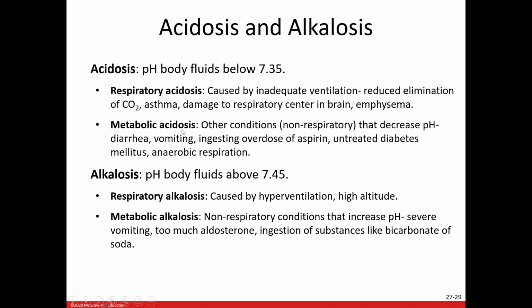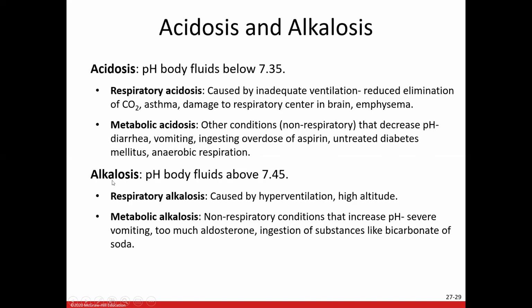And there can be a mix of symptomatic versus conditional versus actual medical conditions that cause metabolic acidosis. So things like diarrhea and vomiting can be a reaction to metabolic acidosis. Ingesting too much of certain medicines, diabetes mellitus, example of a long-term metabolic acidosis condition, or simply something like anaerobic respiration, so just from exercise could cause acidosis.